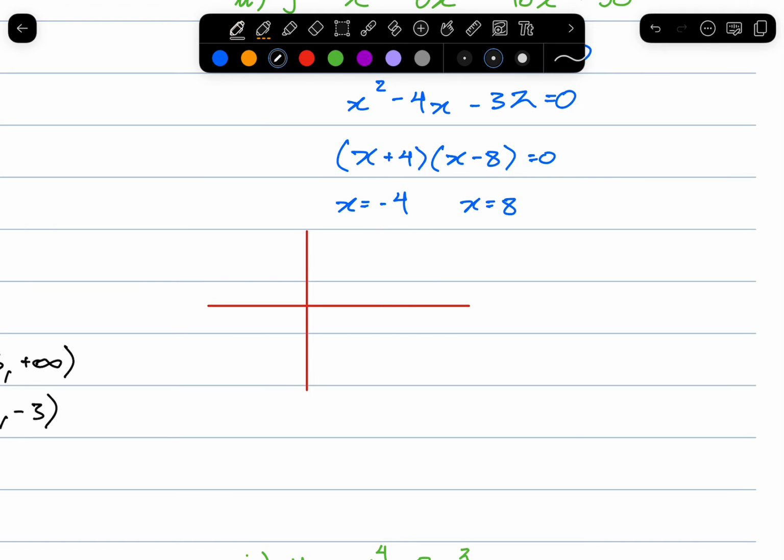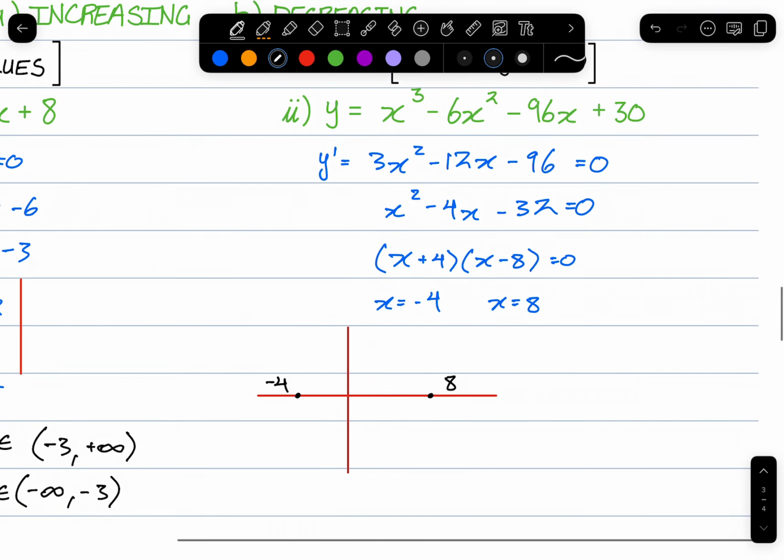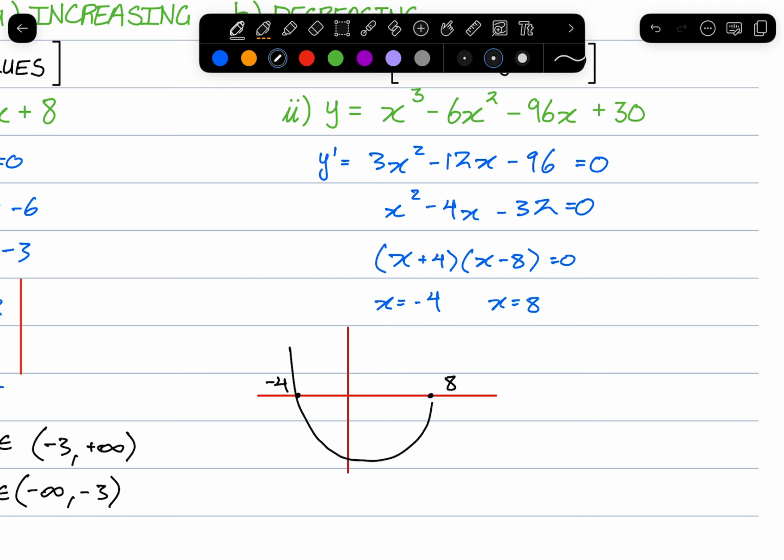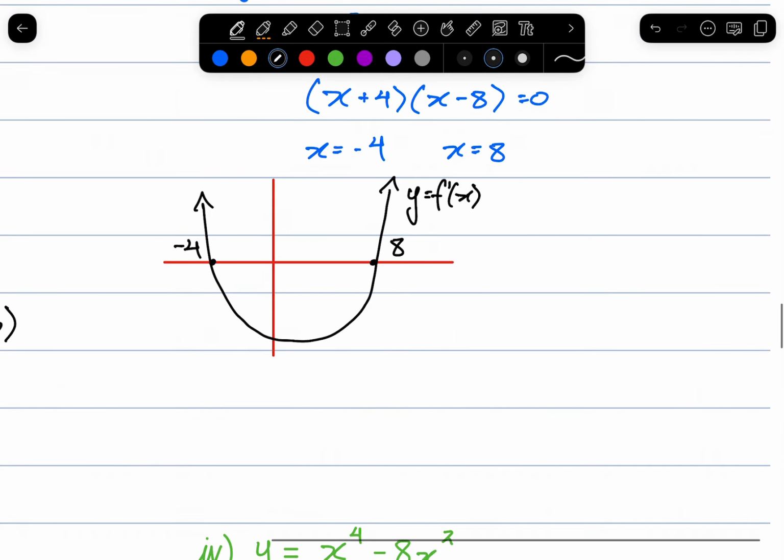It looks something like this. So here's -4. Here's +8. Definitely not to scale. And our first derivative is a quadratic, so it's a parabola like this. And this is a sketch of y equals f prime of x.